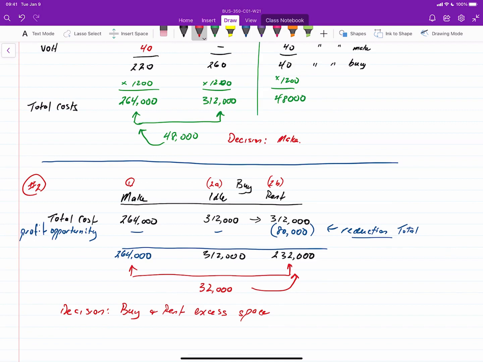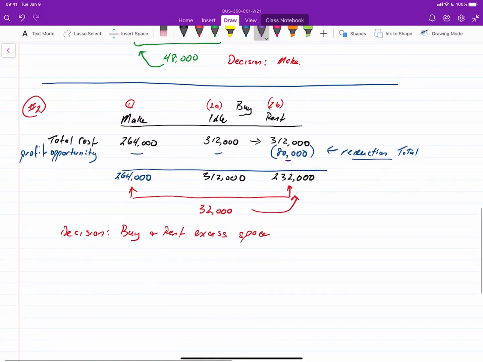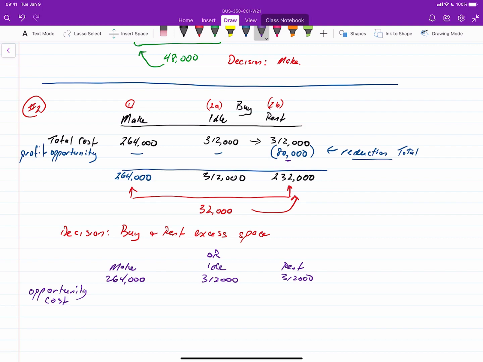You could have alternatively put the $80,000 as an additional cost to make. But I'm just going to illustrate that down here real quick. So the cost to make right now, $264,000, idle and rent, this is $312,000. I could treat this rental opportunity as an opportunity cost. If I choose to make instead of buying from outside and renting the space out, I now incur an additional $80,000 opportunity cost.